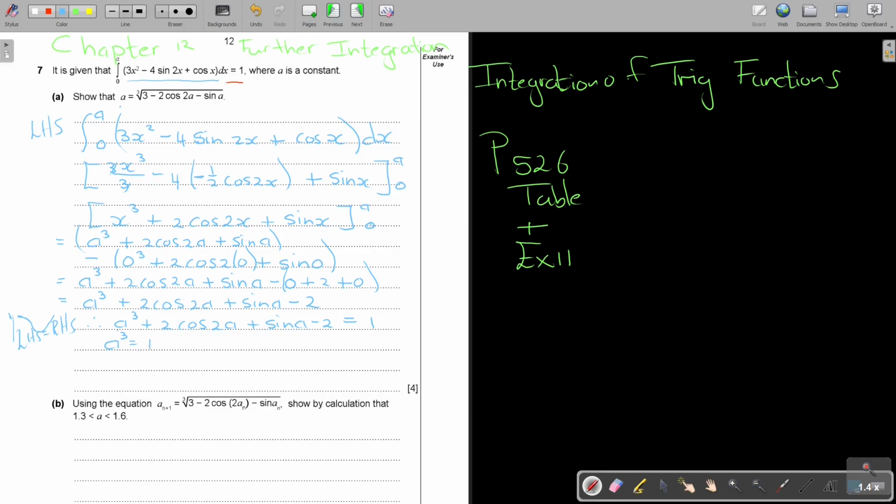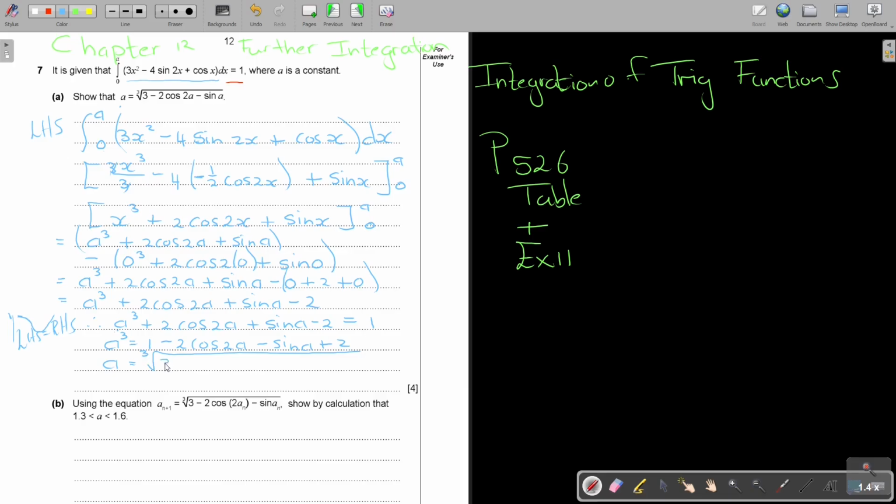I'm doing an extra step, but I just want to show you. This is staying on this side, the rest is going over. So 2 cos 2a minus sin a plus 2. Do you see what happened now? It becomes a cubed. I'm going to take the cube root now.